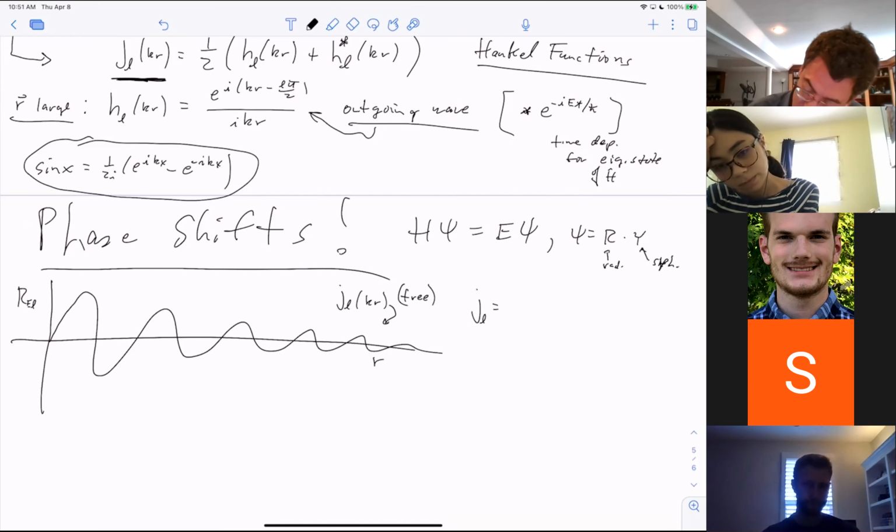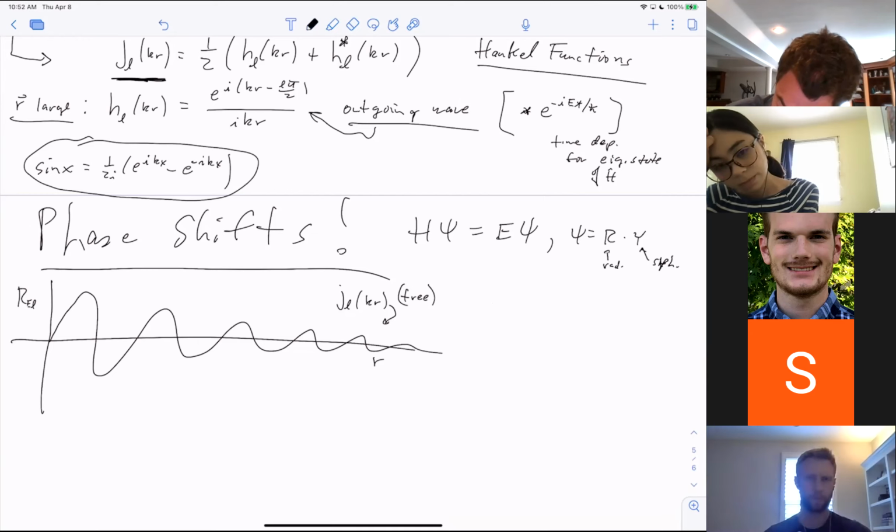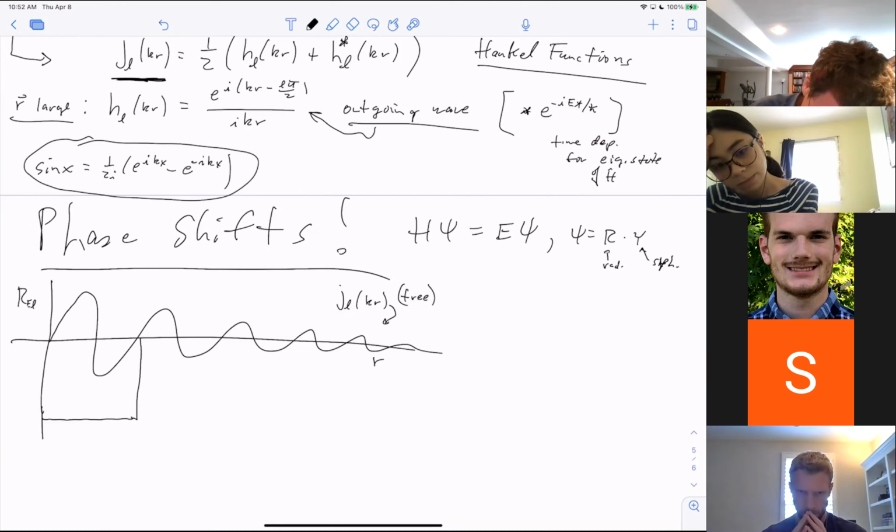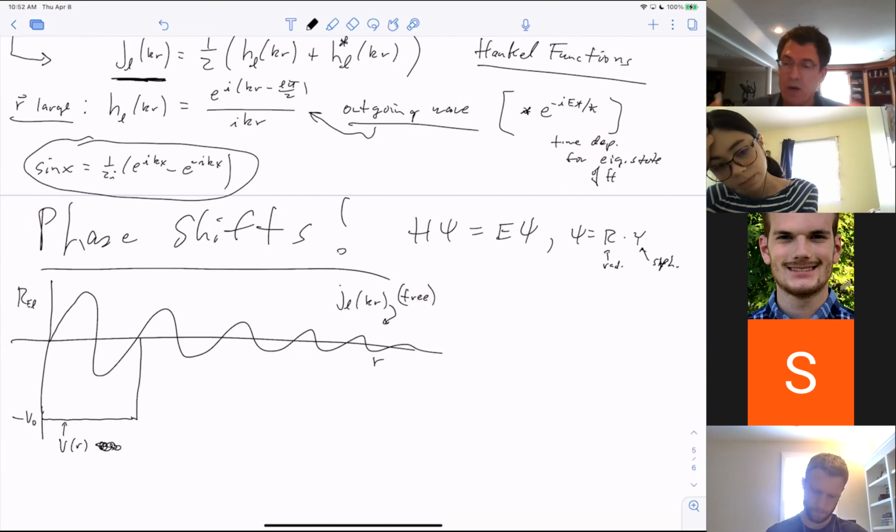Okay, and now let's do something. Let's turn on a potential. So I'm going to turn on just this potential, where this is minus V naught, and this is my V of R. Just a square potential.